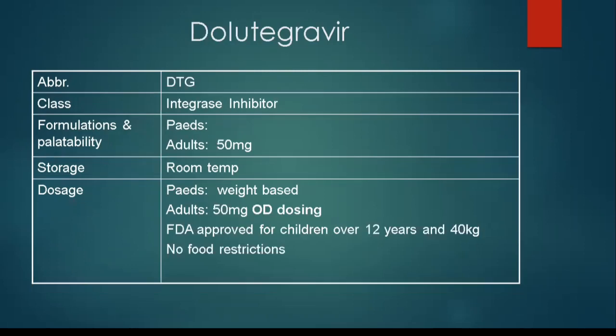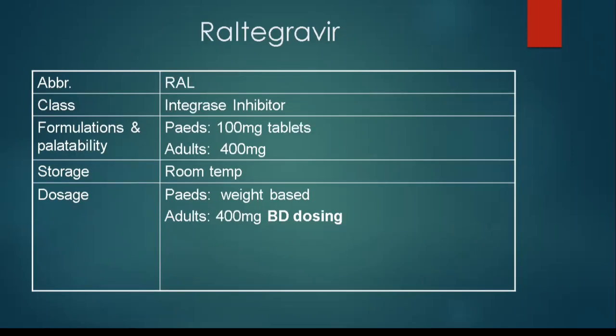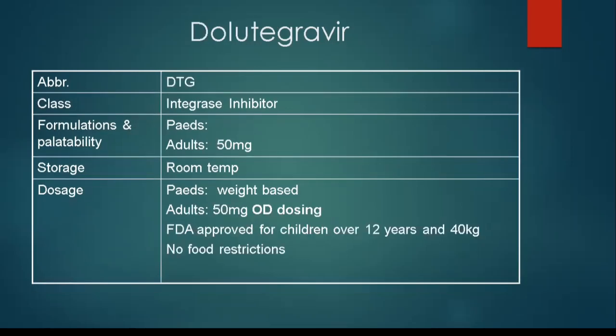And then we move to the next drug, which is dolutegravir, abbreviated as DTG. This one is not mostly given in children, but the presentation in adults is 50 milligrams. When it is given in children, we give according to the weight.